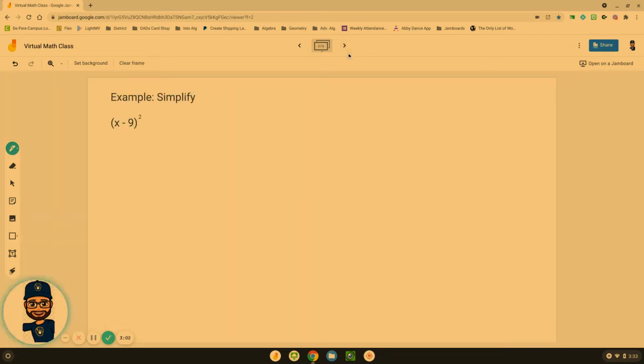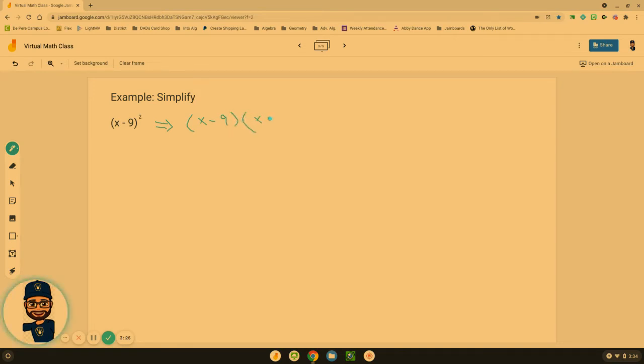So let's take a look at a more specific example and see if we can't apply this. We're going to try and simplify x minus 9 squared. How many multiplications do you think we're going to have in this problem? Well, let's remember that x minus 9 squared really is x minus 9 times x minus 9.